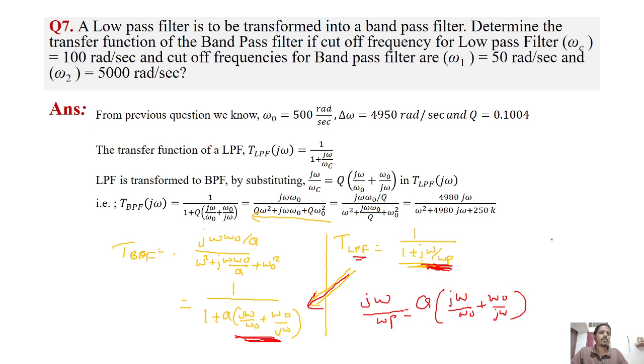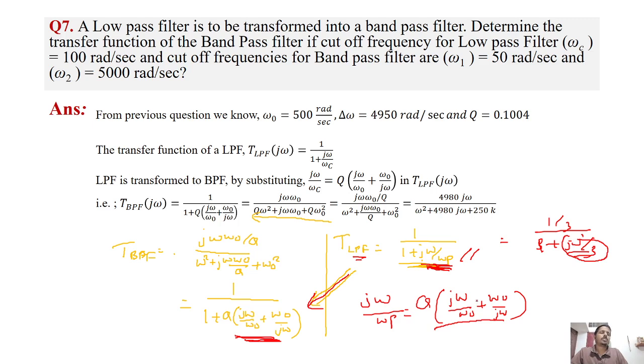That's it. I have a low pass filter transfer function, and though it is written like this, we might get some value, say 3 plus j omega, where we can find what omega p is and substitute that. So I substitute j omega by 3 with Q into (j omega by omega naught plus omega naught by j omega).